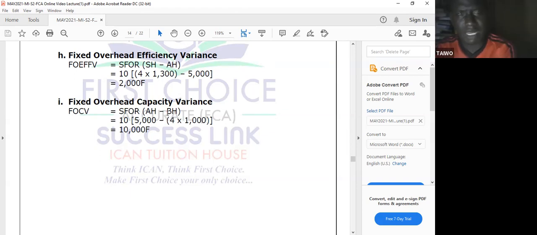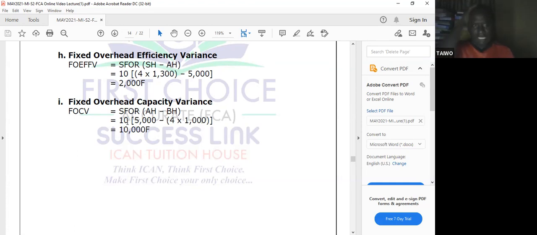Actual hour is 5,000, while budgeted hour is still standard hour per unit, 4 times 1,000, which is 4,000. So 5,000 minus 4,000 is 1,000. 1,000 times 10 is what?